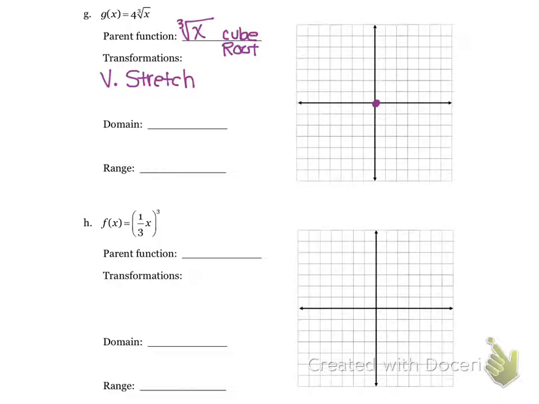So normally when we would have a point go through (1, 1), we're going to take this y value here and multiply it by 4. So really now we're going to go through (1, 4). And we're going to do the same thing with the point (-1, -1), so we're going to go through (-1, -4).